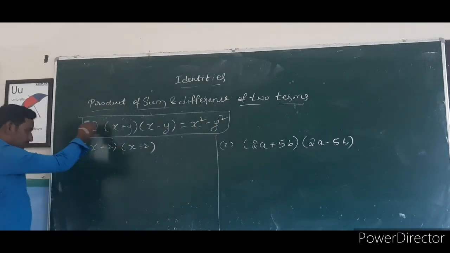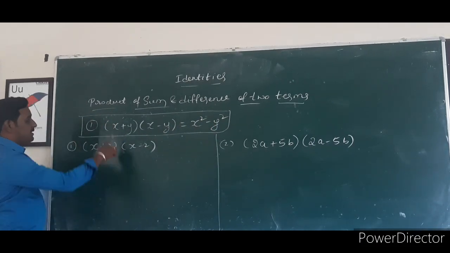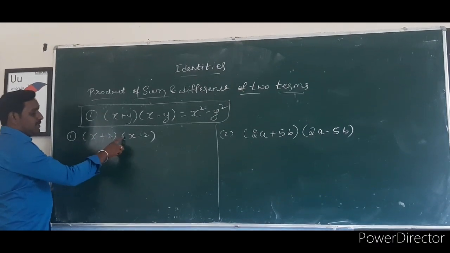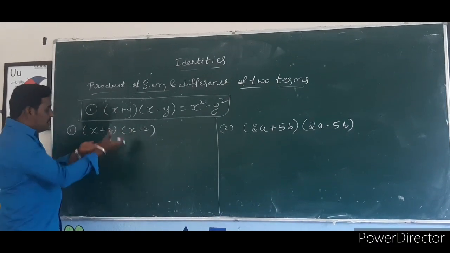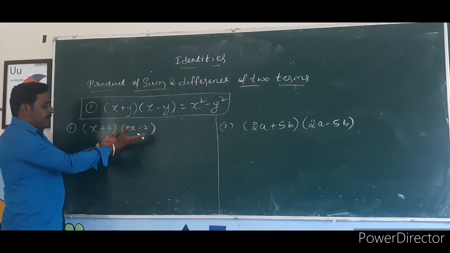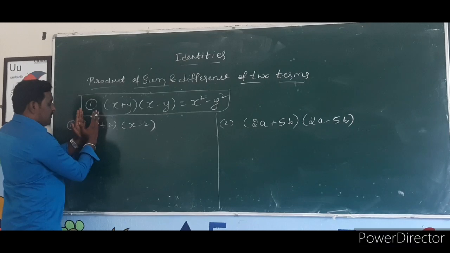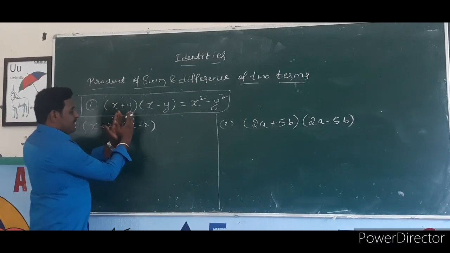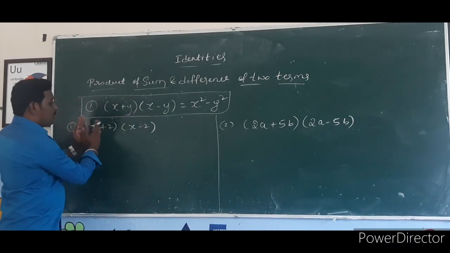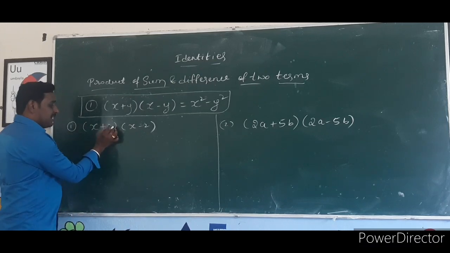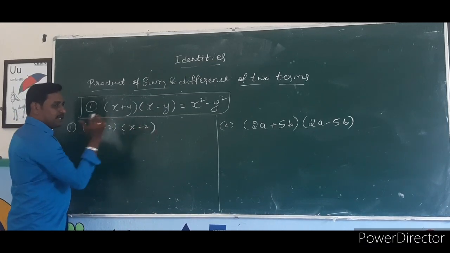So we are going to an example, that is (x + 2)(x - 2). Here first binomial and second binomial. Look at the terms of the binomial. First term of the first binomial x, first term of the second binomial x, both are same. So look at the second term. 2 is there, 2 is there.